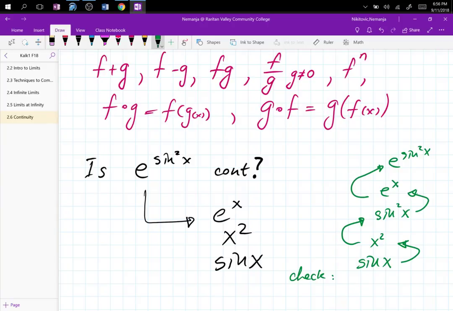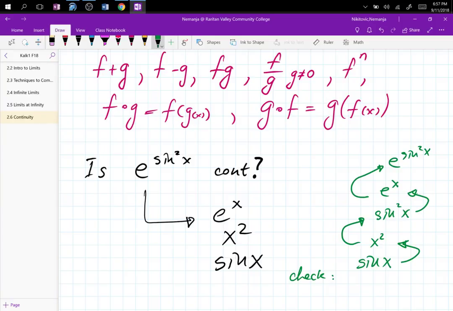Because it's just x squared. And then in that x is actually sine x. So sine x is the core of the onion, in the middle. Sine x gets placed for x here, becomes sine squared x, and then the whole thing gets placed into e to the x to give you the function.